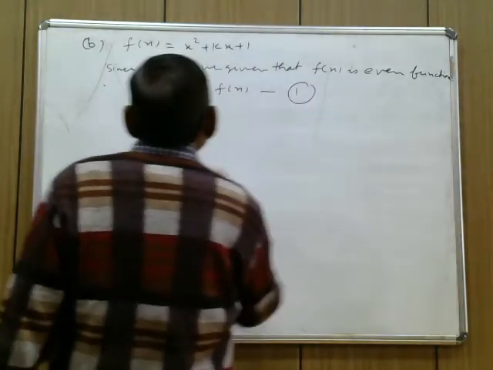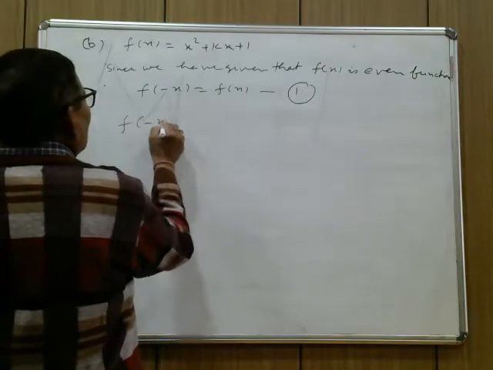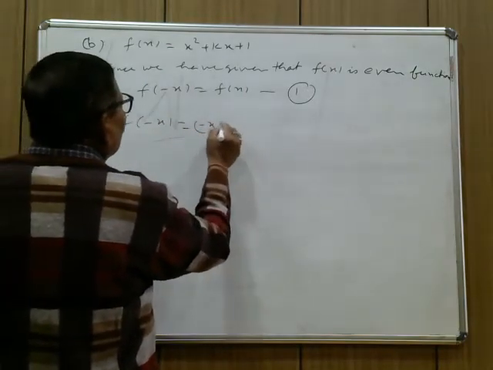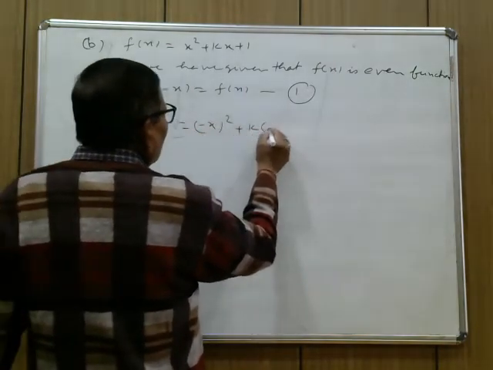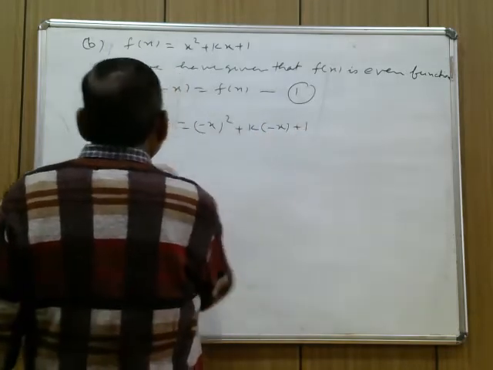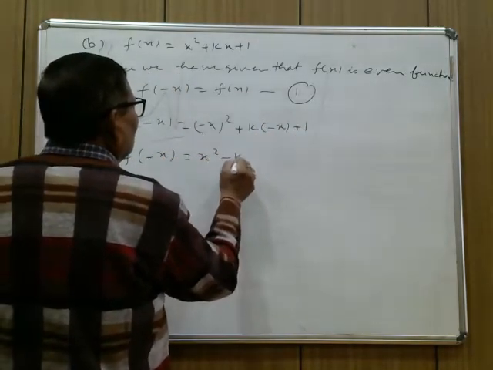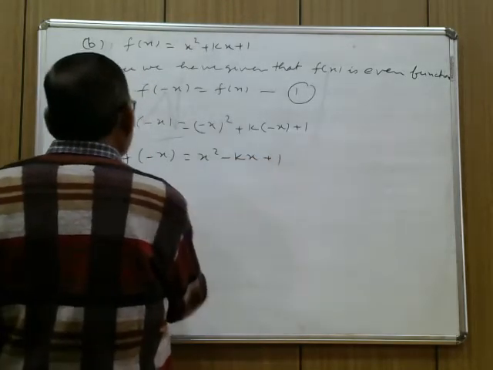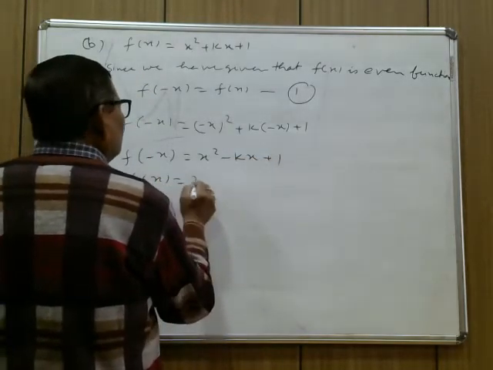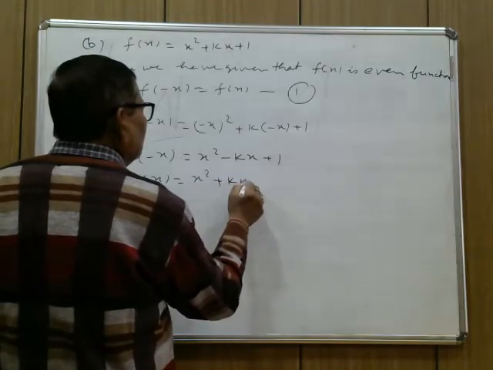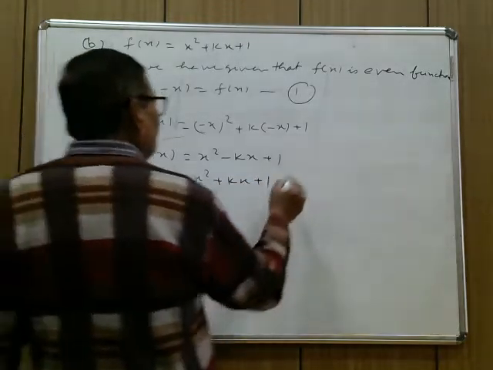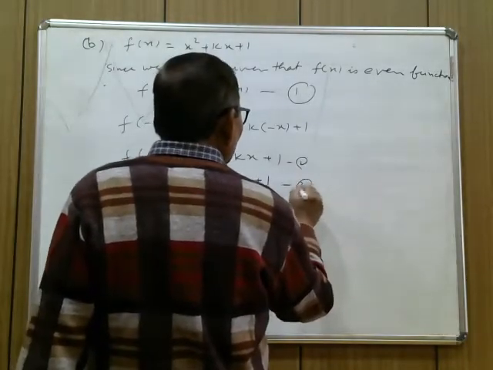This is 1. Now you find f of minus x, that is minus x whole square plus k into minus x plus 1. So f of minus x is x square minus kx plus 1, and f(x) is x square plus kx plus 1. So this is 2, this is 3.